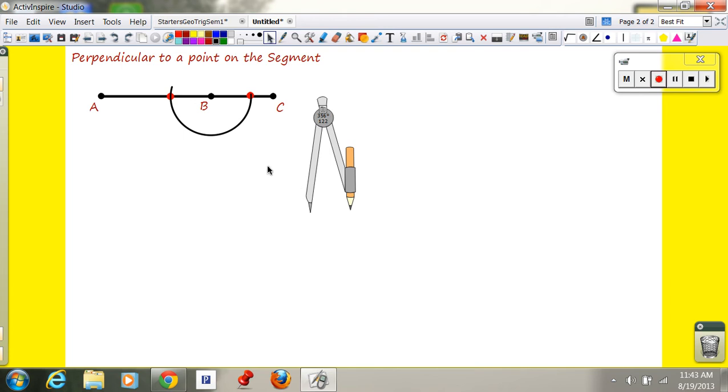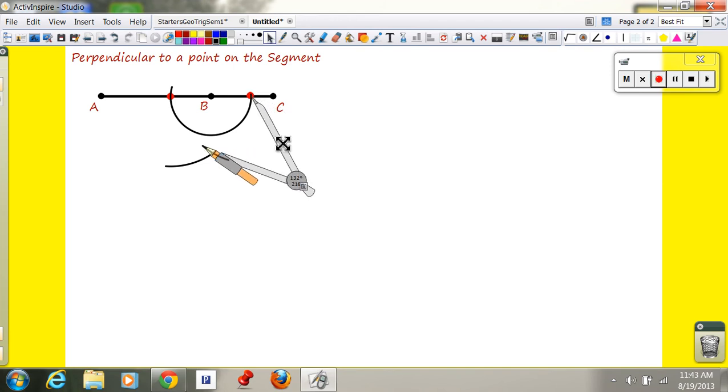Now I'm going to make an X underneath my smiley face by using the 2 red dots. I'm going to open up my compass bigger this time, and I'm going to make an arc at one red dot, and I'm going to make an arc at the other red dot. If you notice, the 2 arcs will intersect. If you made them big enough, they will intersect each other. So each red dot, I made my arc.